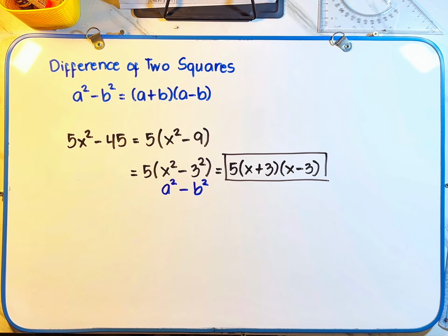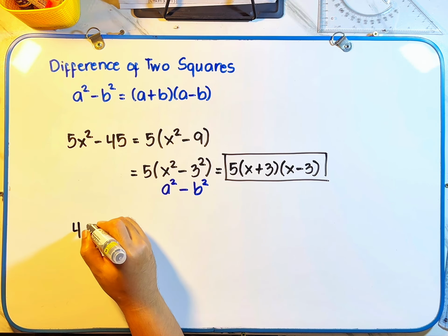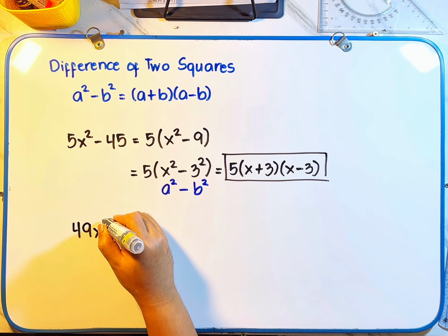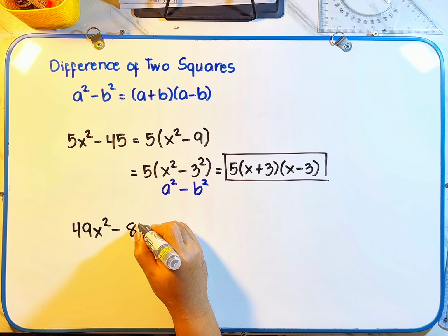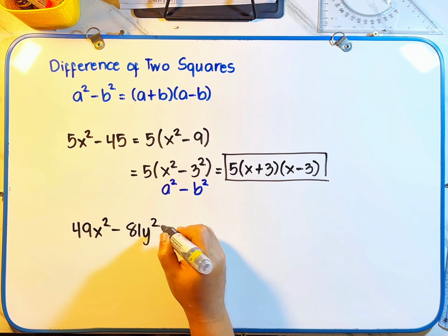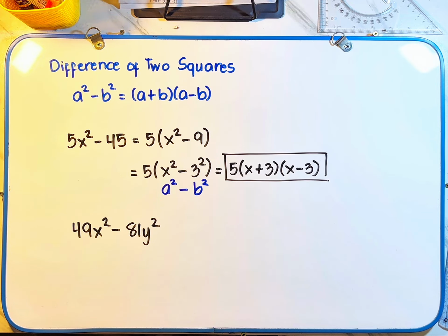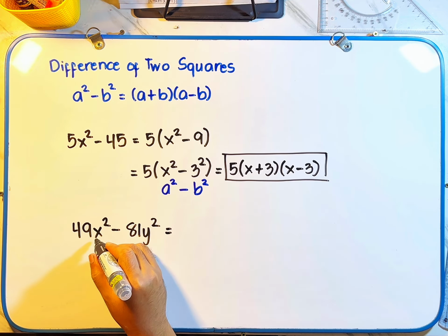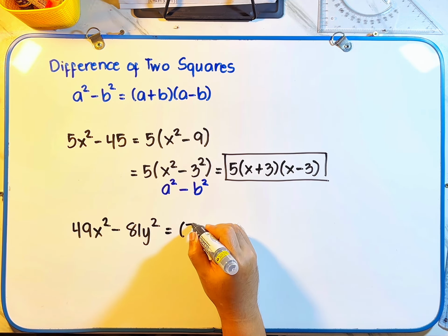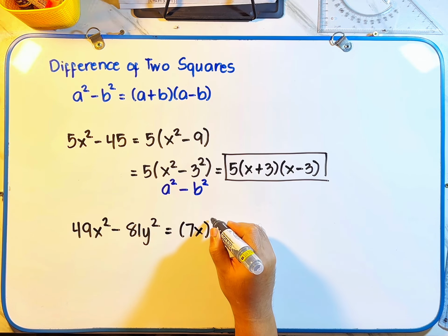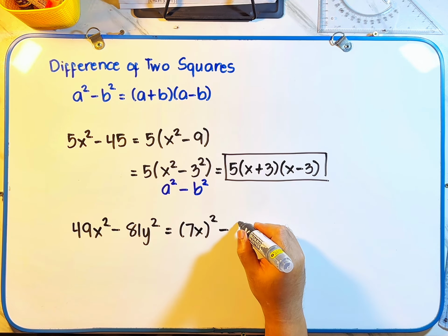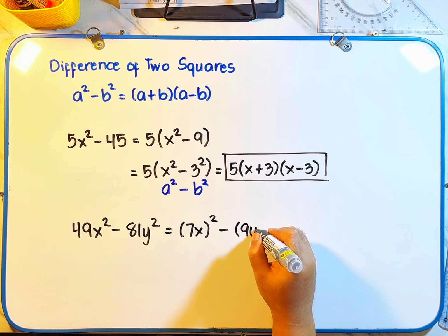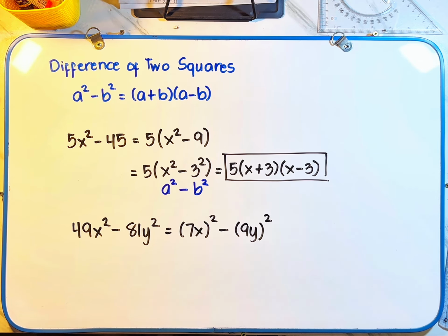Let's try one more. Say we have 49x squared and then minus 81y squared. So what is the factored form? Okay. 49x squared is expressed as 7x and then squared, and then minus 81y squared can be expressed as 9y and then squared.